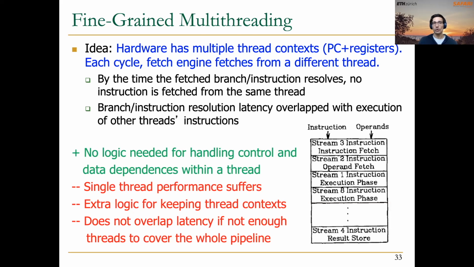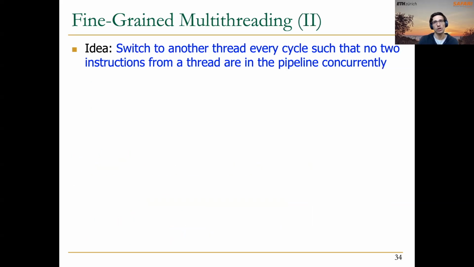The good thing about doing this is that there is no need for logic to handle control and data dependencies within a thread. Why is that? Because there is no single cycle where there are 2 instructions from the same thread in the pipeline. What that means is that there is no way of having control or data dependencies between instructions in the pipeline. So this simplifies the execution a lot.